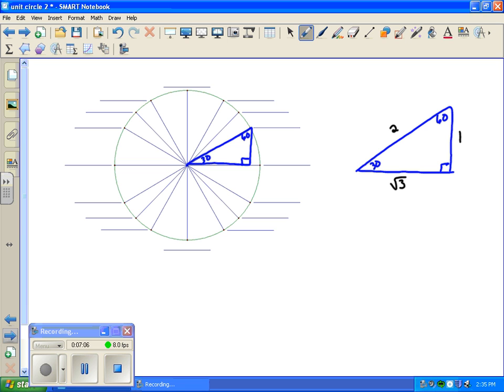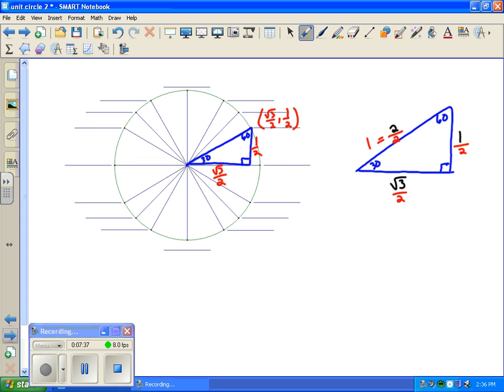Okay, so again, if you have a bigger triangle, you could go through and multiply all these side lengths by that number. Or if you have a smaller triangle, you could divide it out, which is what we have in this case. In the unit circle, our hypotenuse length should be 1. So we divide everything by 2. And we get an x value in this triangle of the square root of 3 over 2 and a y value of 1/2.